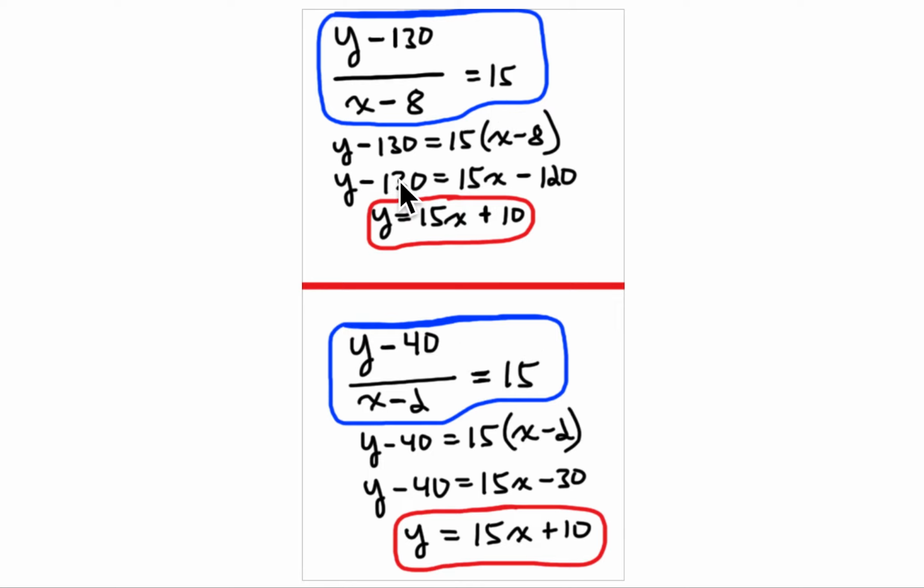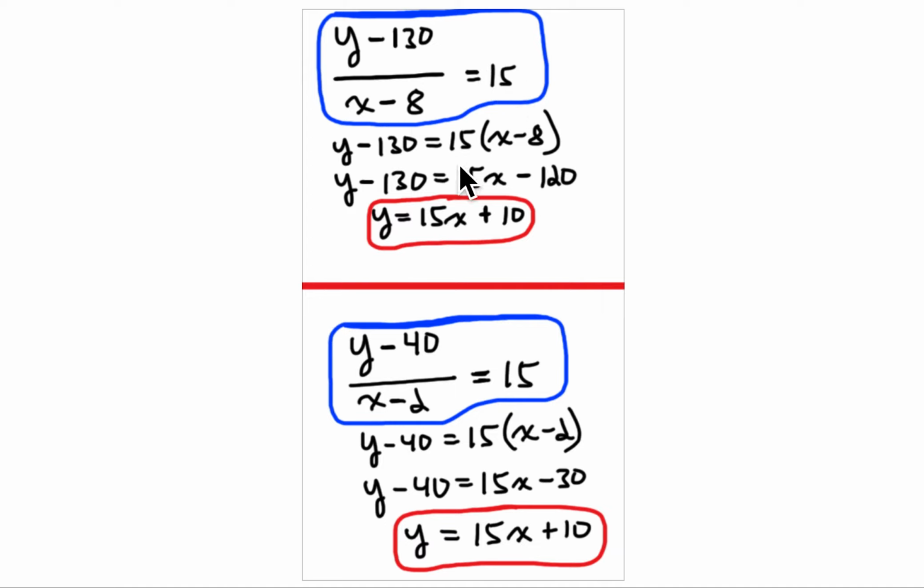All right, so now we're going to go through a little bit of algebra. If you say this in words, and we tried this a while ago, it tells you what to do mathematically. Y minus 130 is 15 times x minus 8. So y minus 130, that value is 15 times this x minus 8.